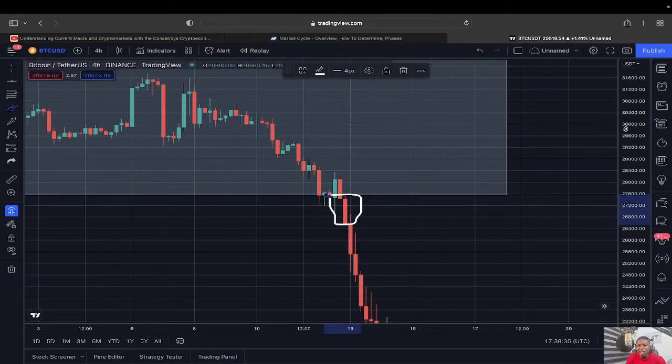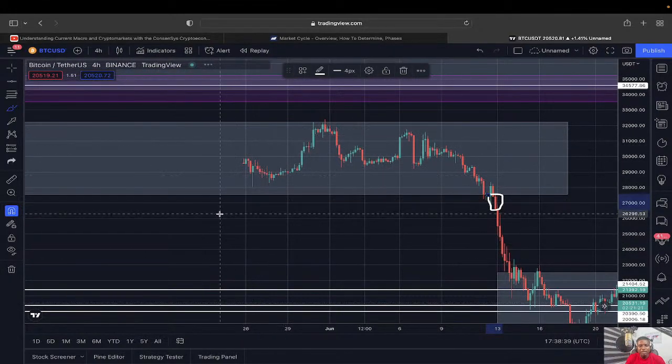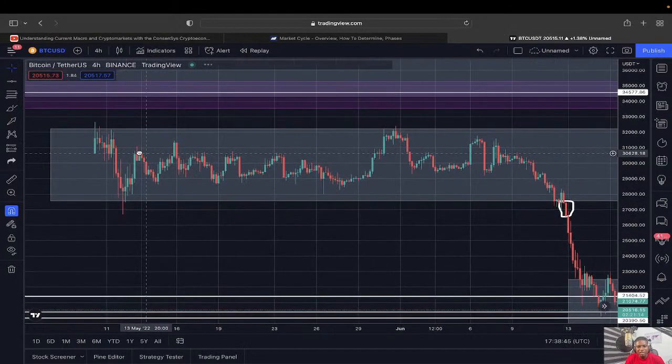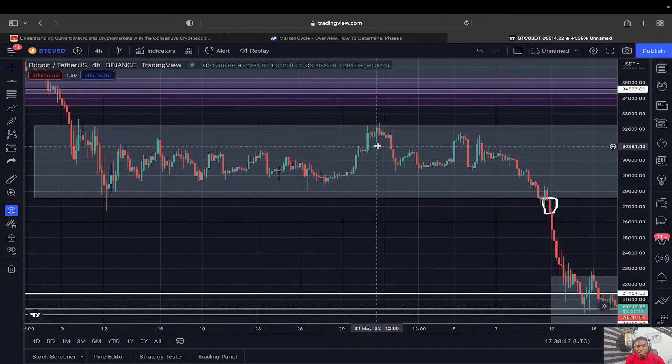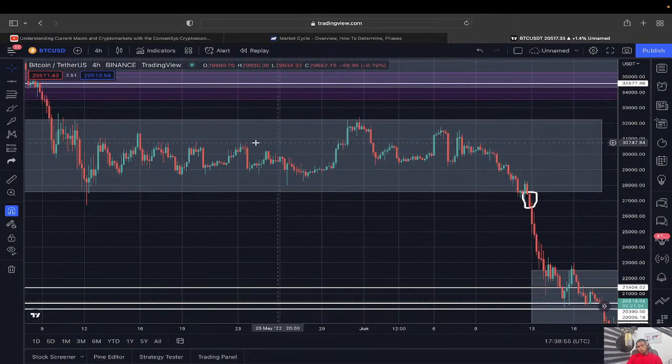If you look closely at this chart here, it has been consolidating. It is at this point that a direction was determined, because when it was moving around in this place, no specific direction was determined.